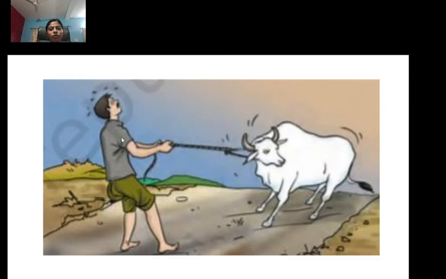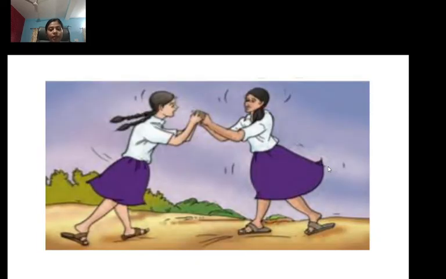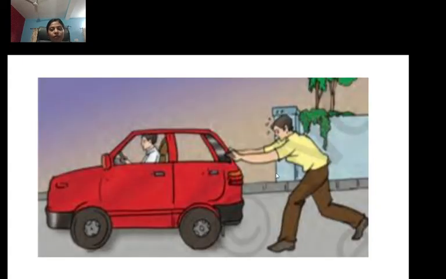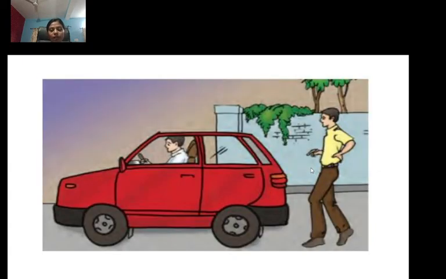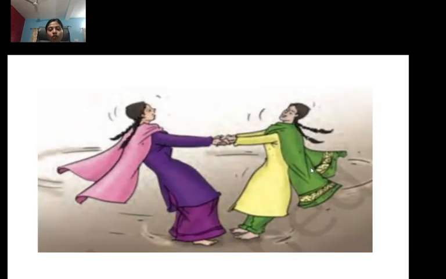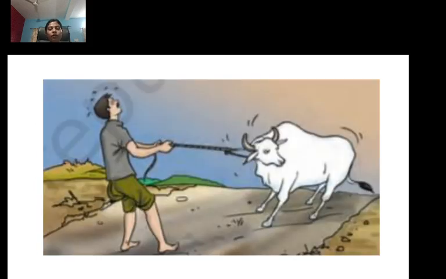In these pictures you can see that one man and one cow are there, two girls are there, then two boys are in the car and one boy is standing, right? So for every action or every interaction, two objects are required. Thus an interaction of one object with another object results in a force between the two objects.